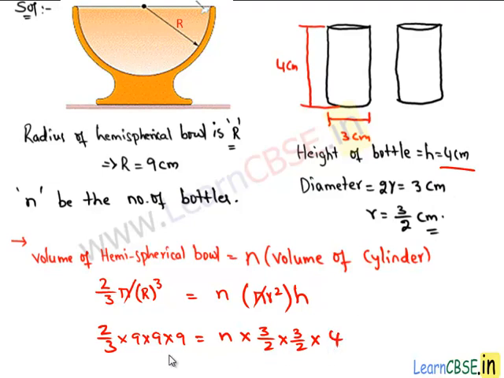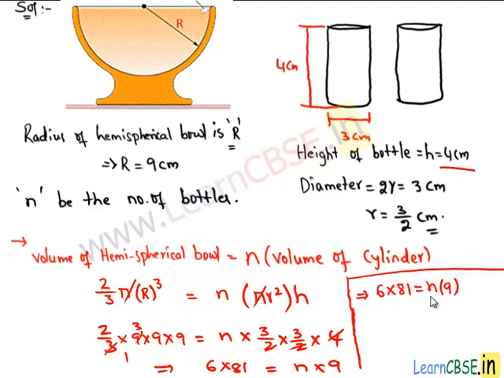Let's simplify this. On left hand side 3 goes in one of the 9 3 times, and here the product of numerators 2 times 2 cancel the denominator 4. So we remain with 2 times 3, which is 6 times 81. 9 times 9 is 81, and n times 9.